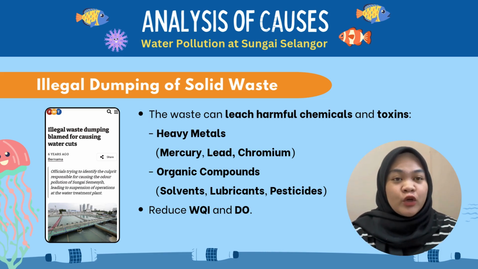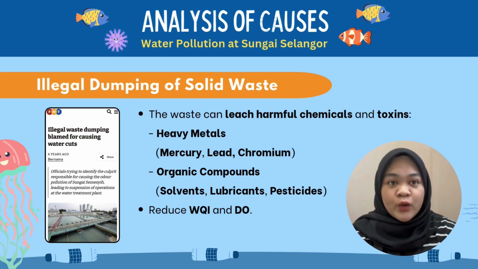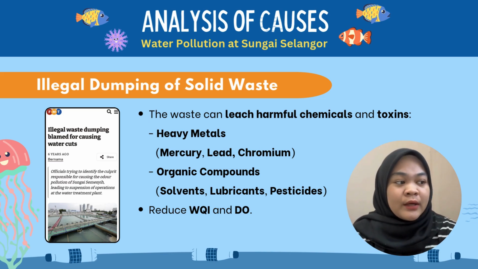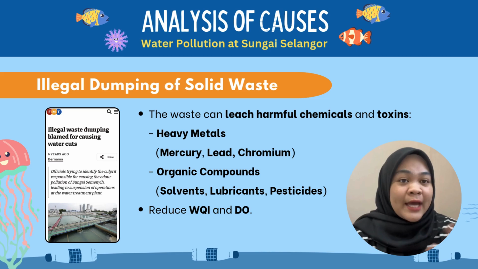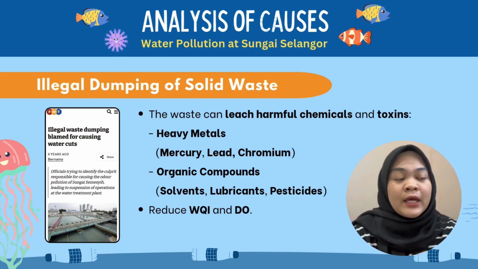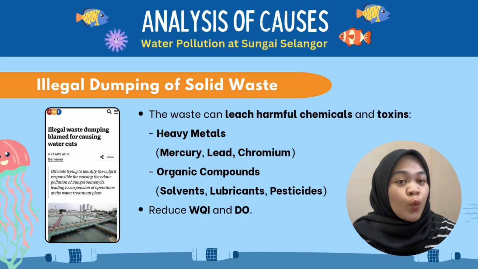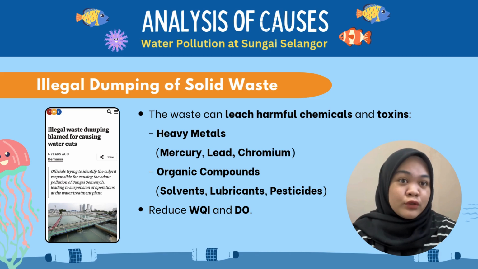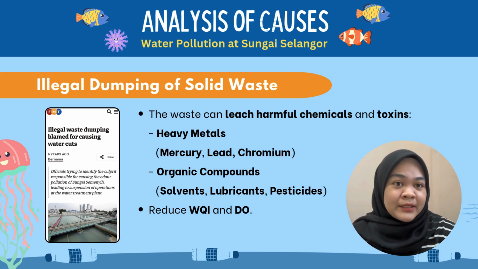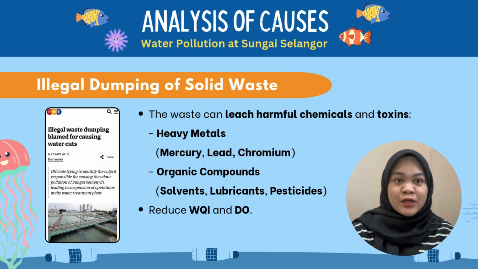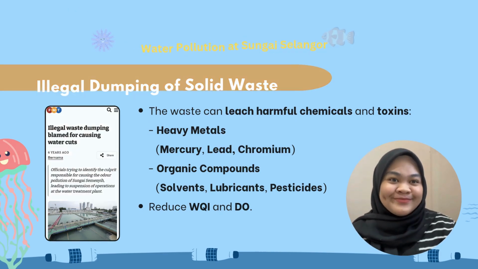The pollutants include heavy metals like mercury, lead, and chromium, and organic compounds like solvents, lubricants, and pesticides. These will reduce the overall WQI, water quality index, and DO of the water. It's very harmful to aquatic life. So these are the causes of water pollution at Sungai Selangor.